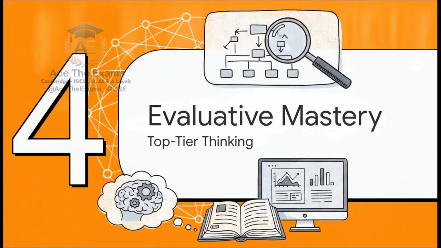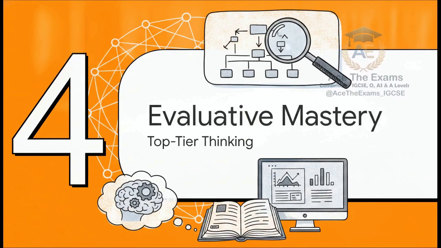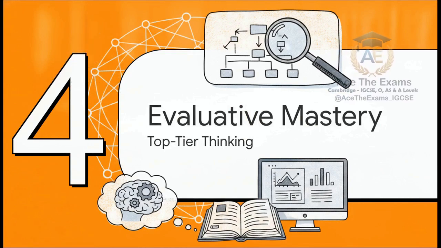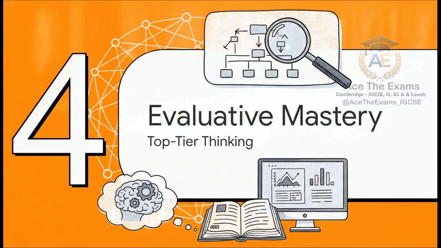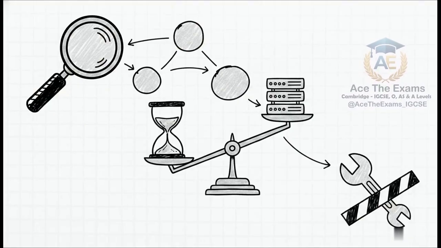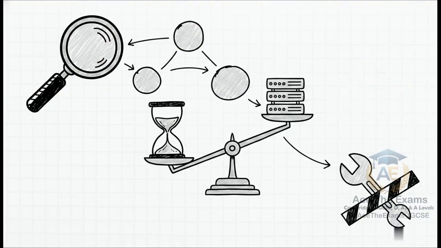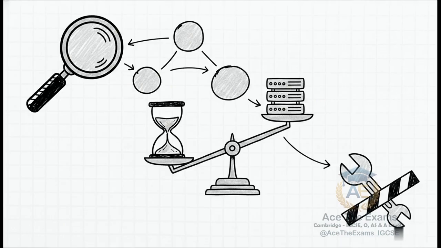Which brings us to our final section, Section 4, Evaluative Mastery, Thinking like a Top-Tier Candidate. Evaluating the quality of an algorithm or a utility software choice requires a deep, uncompromisingly analytical look. Top-scoring candidates demonstrate this mastery by consistently considering multiple solutions before settling on one. They heavily analyze algorithm trade-offs, specifically looking at time complexity versus space complexity.